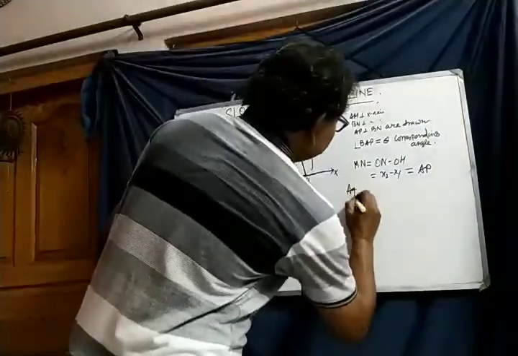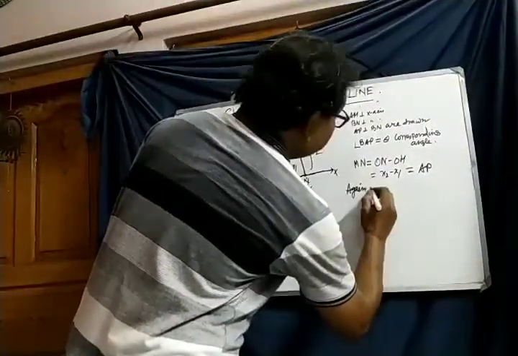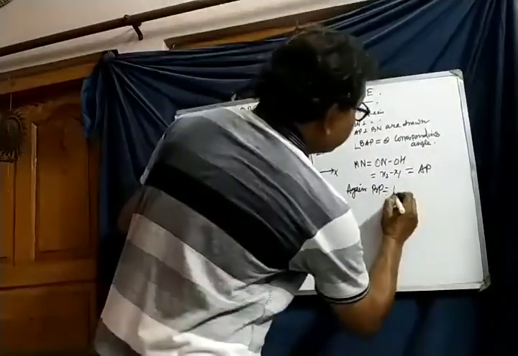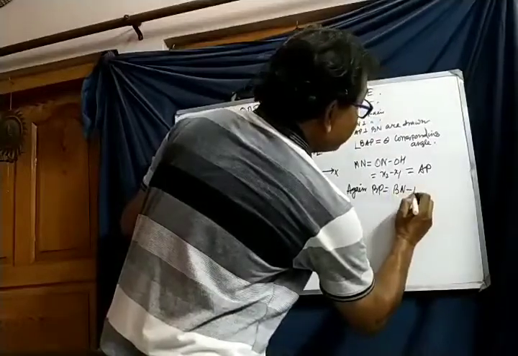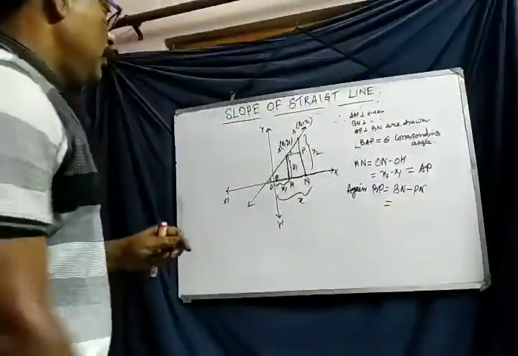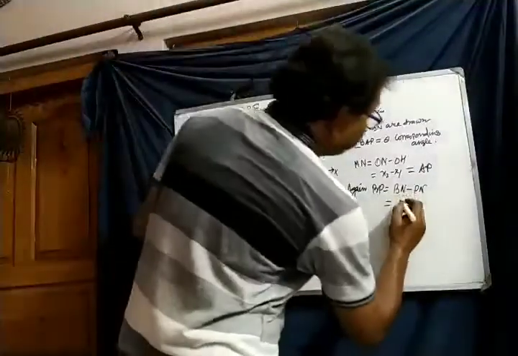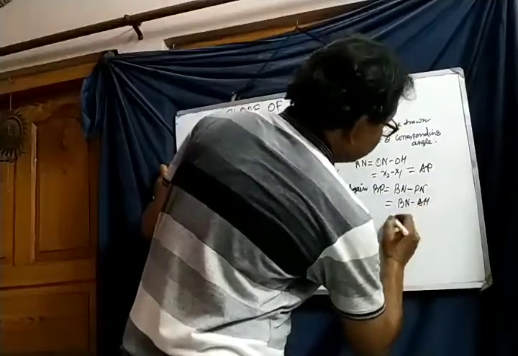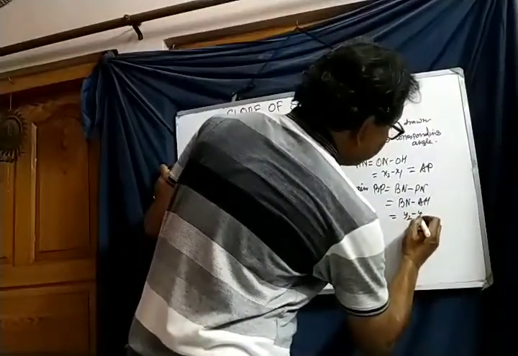Again, BP is equal to BN minus PN. BN minus PN, that means BN minus AM. BN minus AM is equal to y2 minus y1.